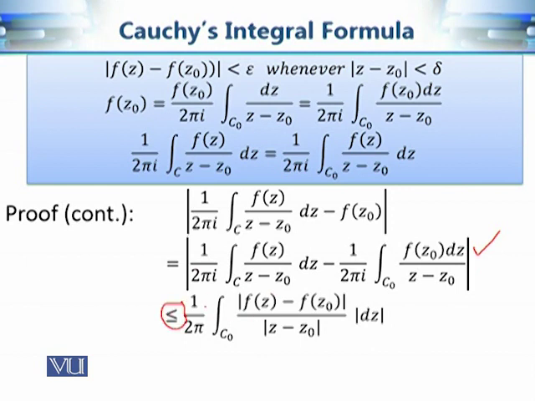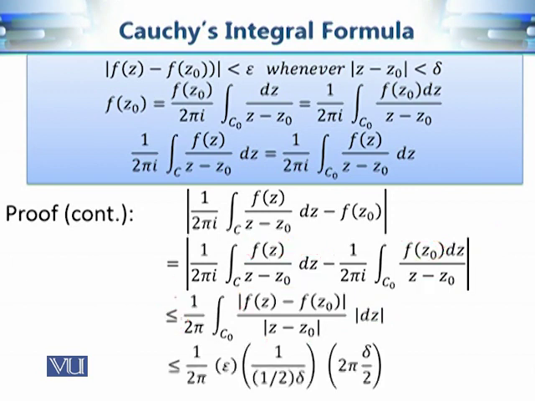So this is less than or equal to 1 over 2 pi, and this mod sign when it goes inside becomes the modulus of f of z minus f of z naught. The denominator of both these quantities is the same, z minus z naught, so we have the modulus of z minus z naught, and then the modulus of dz. So that's what we have achieved so far.